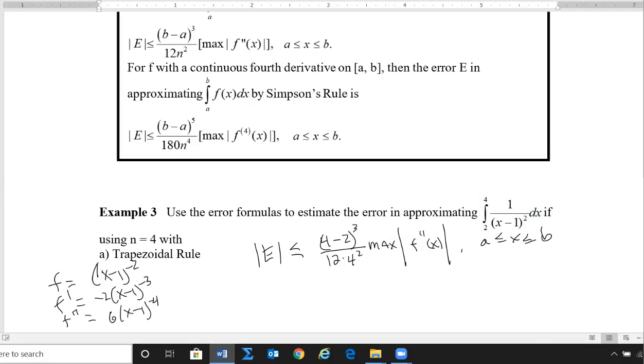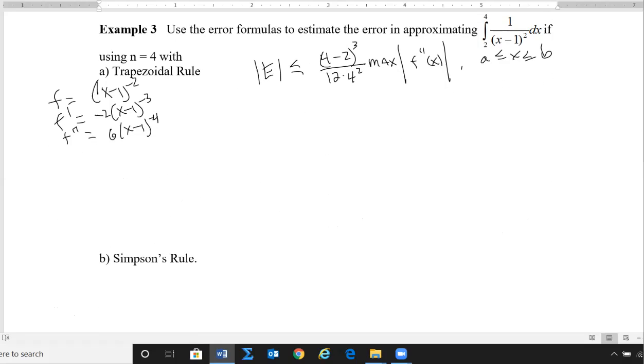Now let's look at that function here without having to go through too much effort. This is 6 over (x minus 1) to the 4th. So we know graphically what that looks like. At 1 there is an asymptote, and the curve comes through like so, heading down.